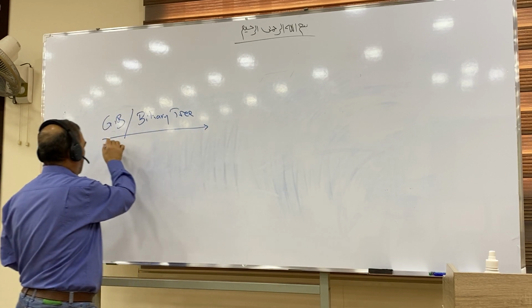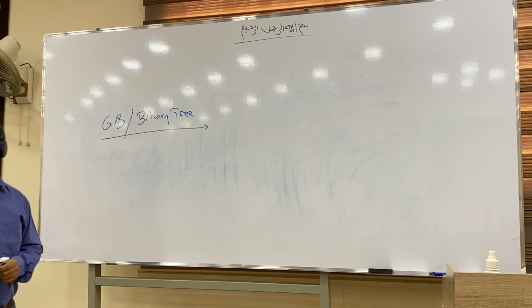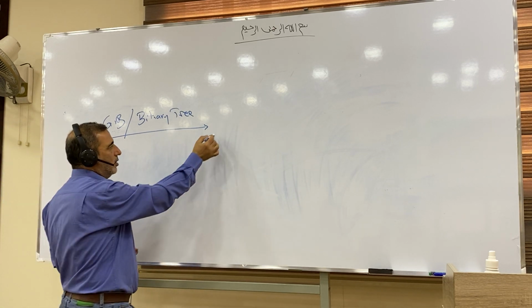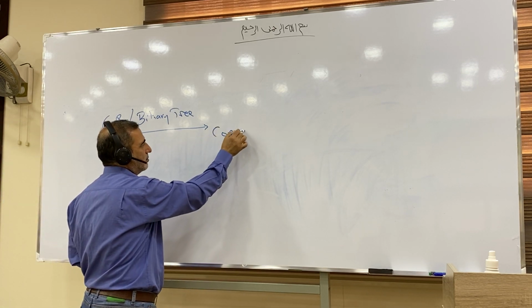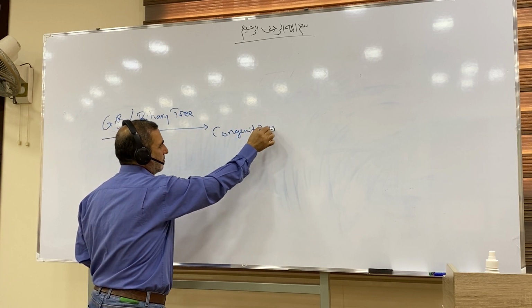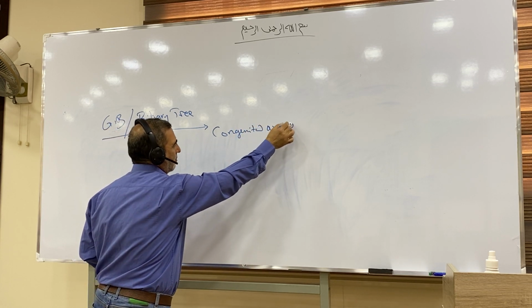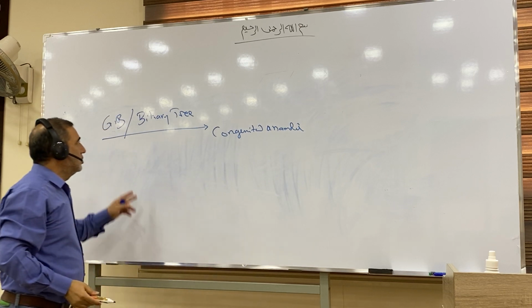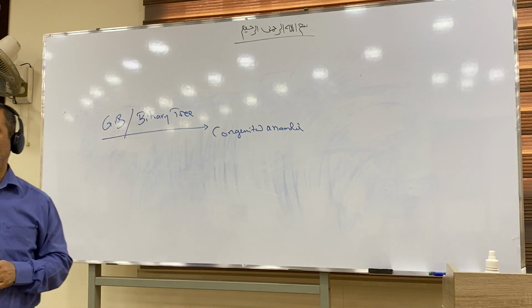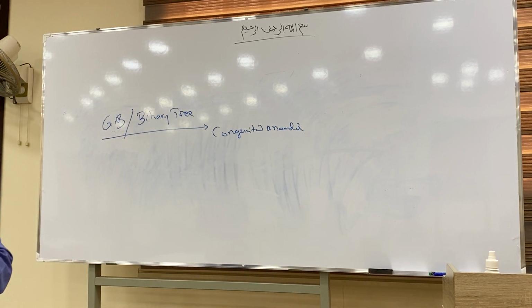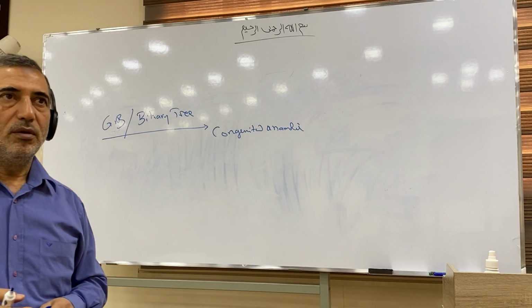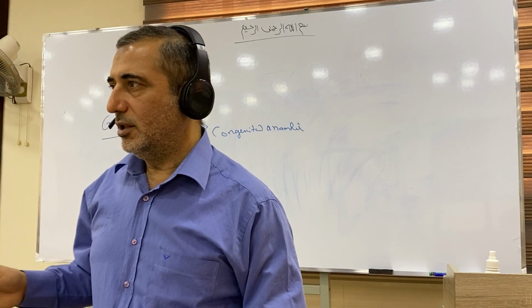إذا نرجع على الأشياء اللي عددناها قبل شوية قلنا احنا ممكن congenital anomalies. Congenital anomalies affecting gallbladder and biliary are very, very much more than any other organs in the body.